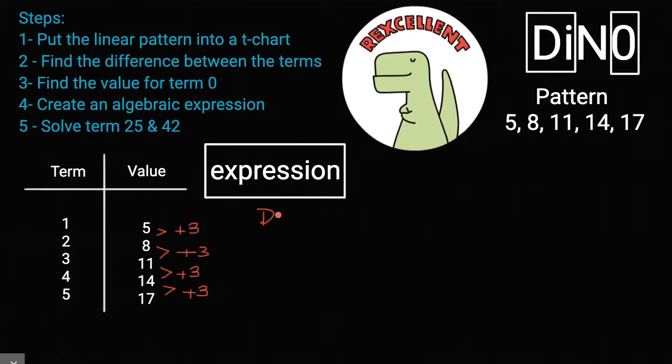So DI equals plus 3. For the nth term, all we do is put in a variable n. And then we need to find the 0 term. We can do that by adding 0 as the term. And then we ask ourselves, well, something here plus 3 is equal to 5.